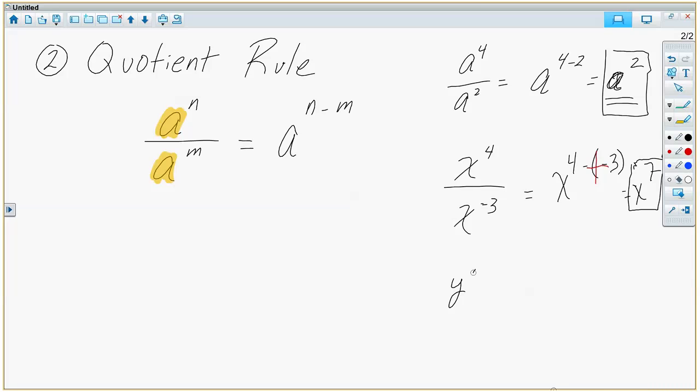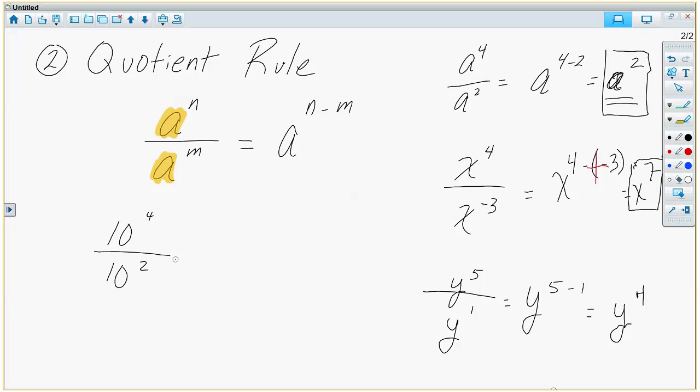Y to the fifth divided by y to the first, y to the 5 minus 1, y to the 4. Ten to the fourth over 10 to the second is equal to what? 10 to the second.